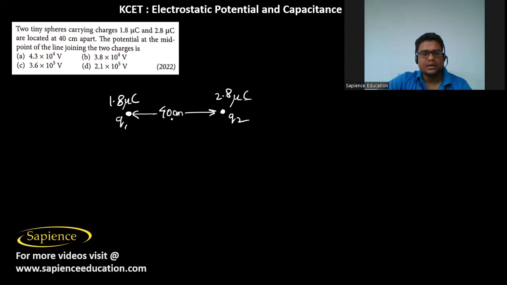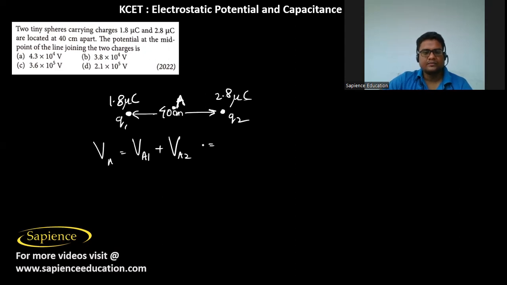Then the potential at the midpoint of the line joining the two charges. So at this point A, how much is the net electric potential? That will be equal to the potential at A due to the charge Q1 plus the potential at A due to the charge Q2.